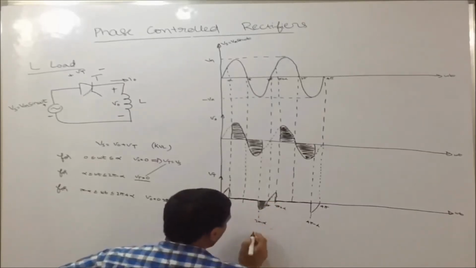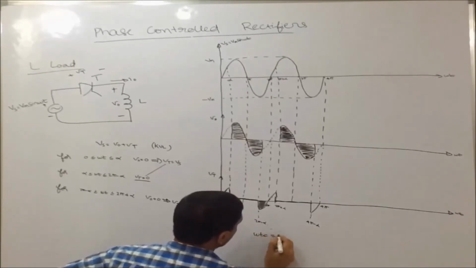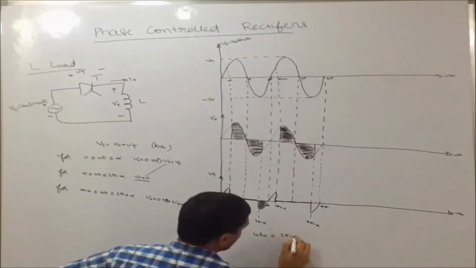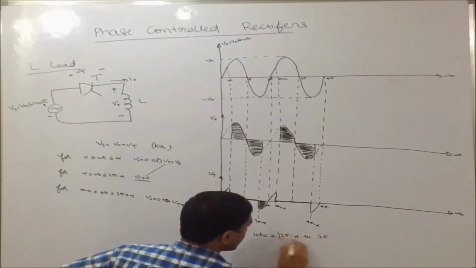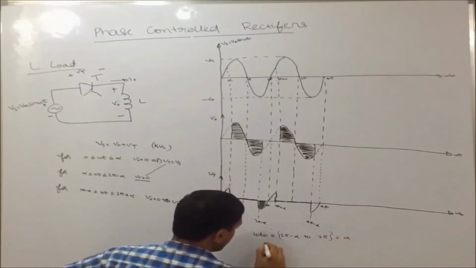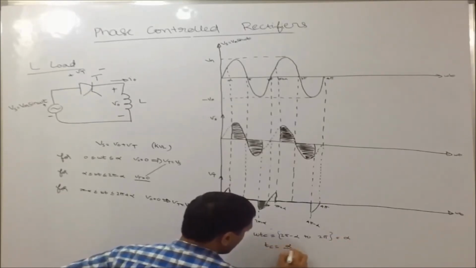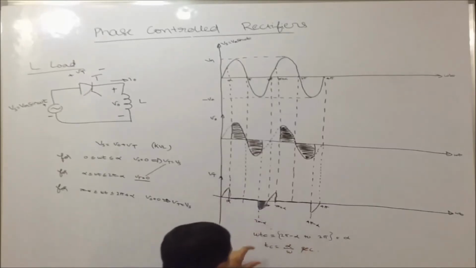So omega Tc is from what? 2 pi minus alpha to 2 pi. This interval length is alpha. So Tc is what? Alpha by omega seconds. So my commutation time is alpha by omega.